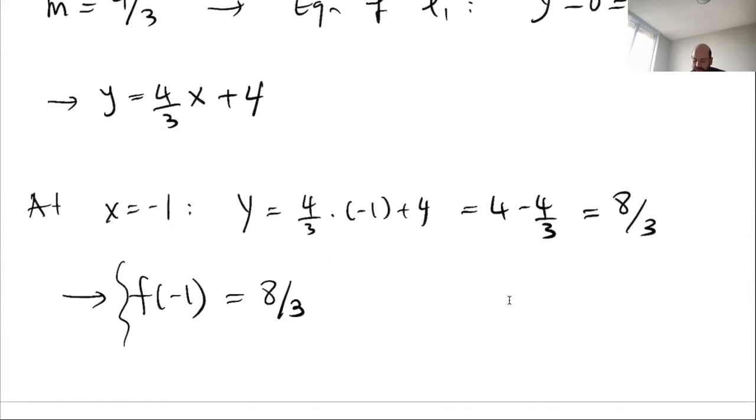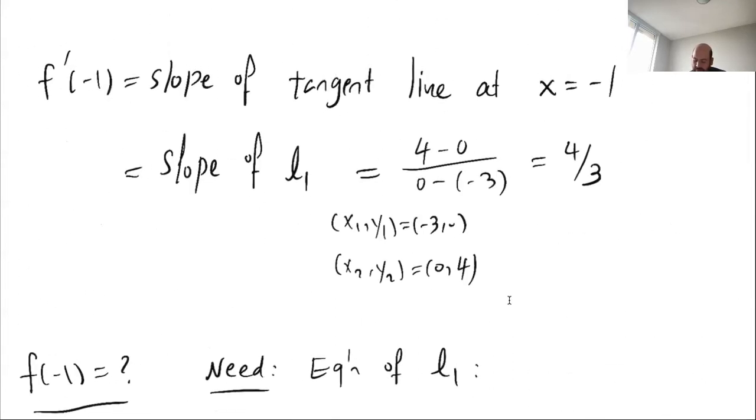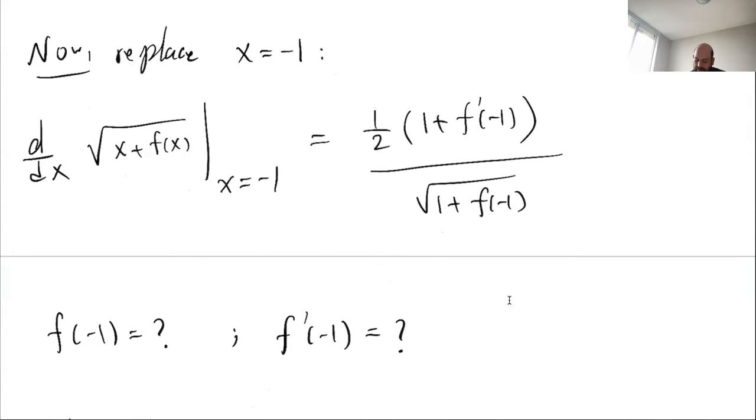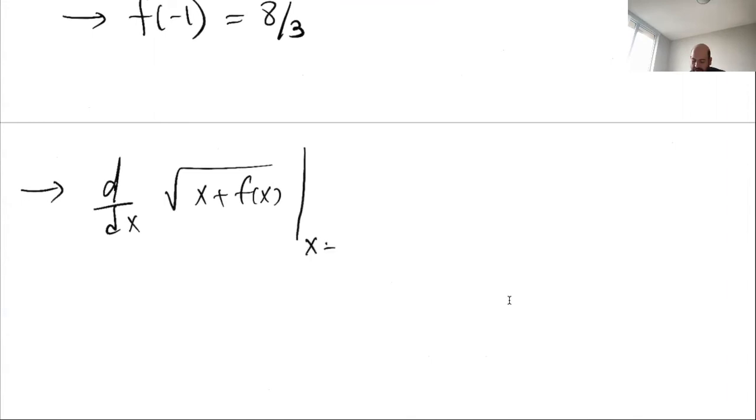F of -1 is 8 over 3, and f prime of -1 is 4 over 3. So we can find the value of the derivative of this function at x equals -1. That means d/dx of square root of x plus f of x at x equals -1 is how much?